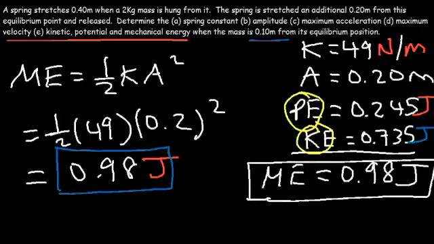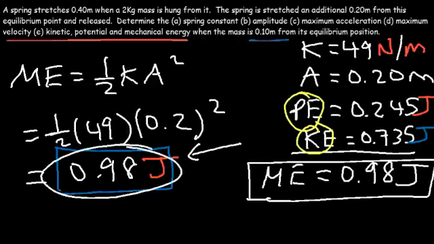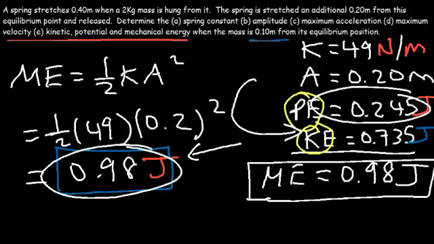So let's say if you didn't know the equation to find the velocity at any point x, you can use this to get the mechanical energy, and if you subtract the potential energy from the mechanical energy, that's one way you can get the kinetic energy. So there's different ways of solving different things that you may need. So you're not faced with one option. There's many options that you can use.